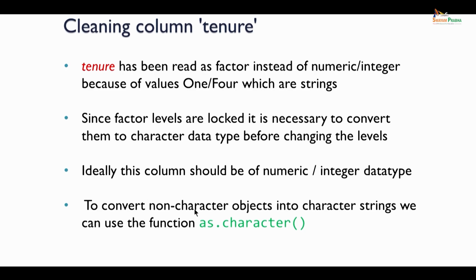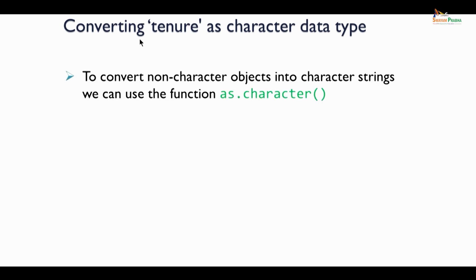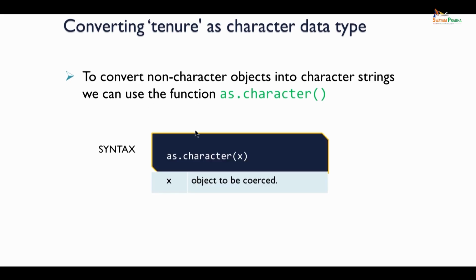To convert non-character objects into character objects, we can use the function called as.character. So, here we are going to convert tenure to character data type. This is the syntax for using the function as.character.